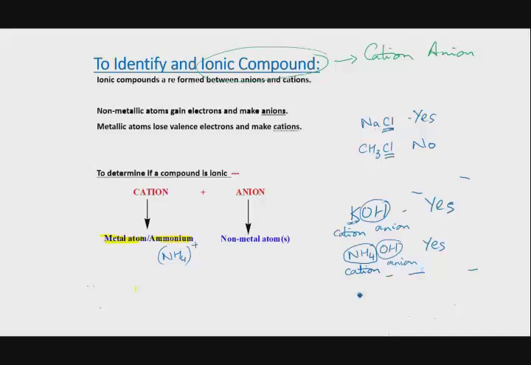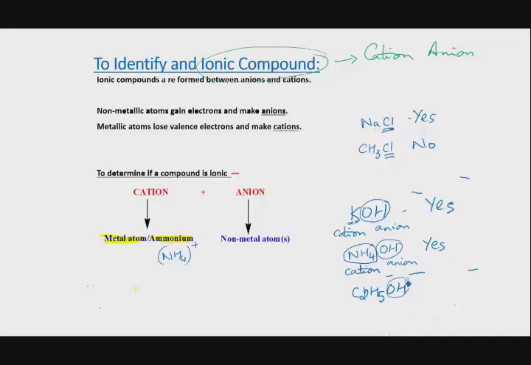But what about this one? Is this an ionic compound? So is there a cation? It seems to have that group again, which in the previous two examples was an anion, but is it an anion in this compound? Let's analyze. Look for a cation first. Is there a metallic element in there?